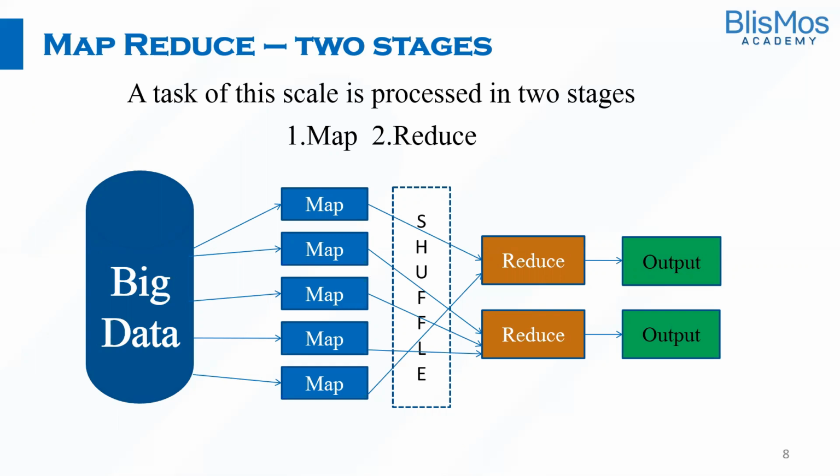The first step is map, the second step is reduce. So for the big data stored in different systems, MapReduce takes care of the distributed processing, and it happens in two important phases, the map phase and the reduce phase.